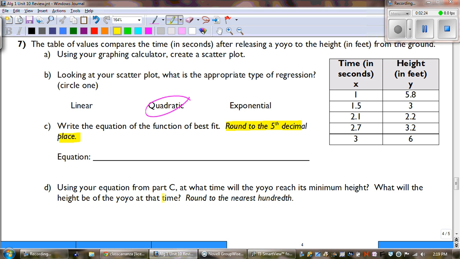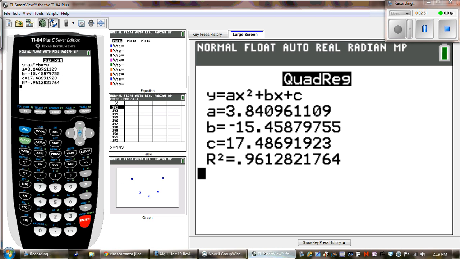I'm going to start writing down that equation. So we get y equals 3.84096 x squared minus 15.45880 x plus 17.4862.